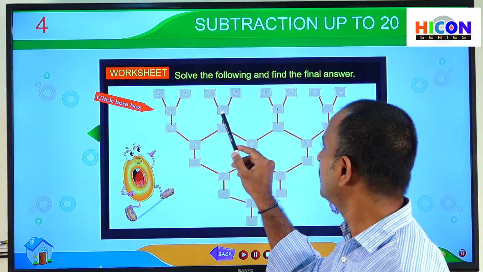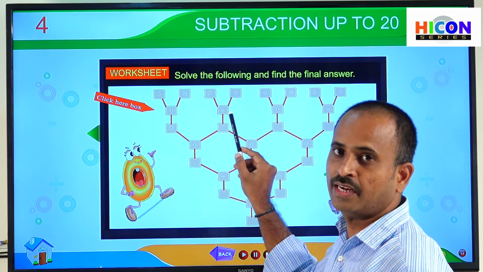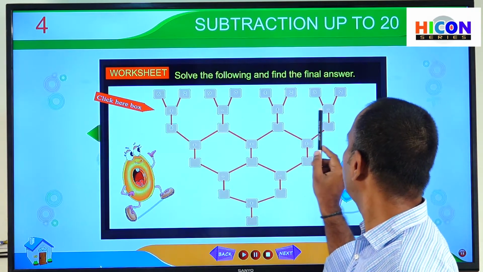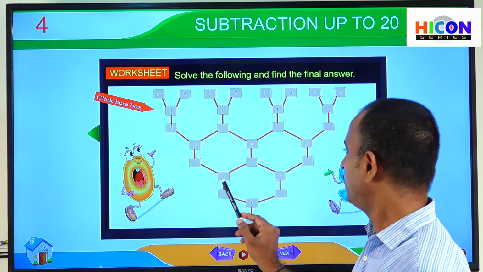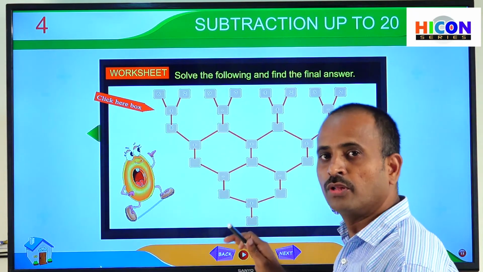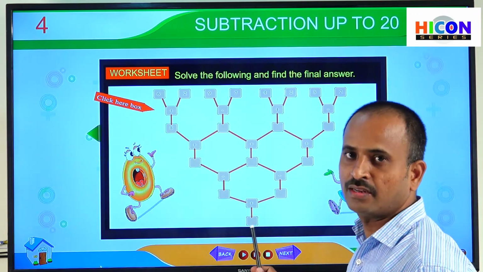We have already discussed it at the beginning of this chapter. This line represents subtraction and it can be read as minus. And it is plus, minus, plus, plus, plus, minus, minus, plus. So we have to do both additions and subtractions in this worksheet to get the final answer.